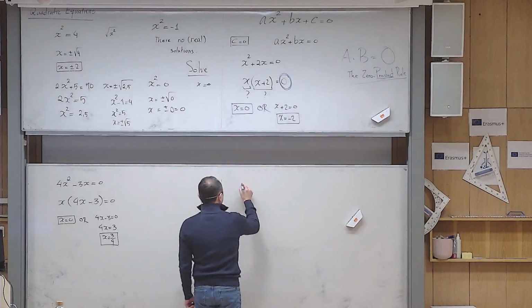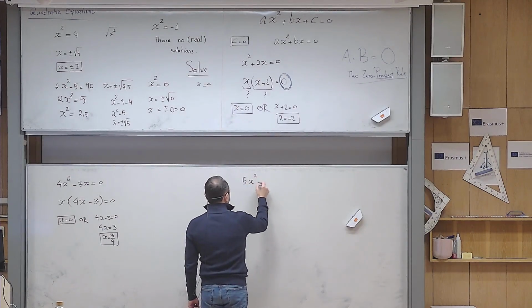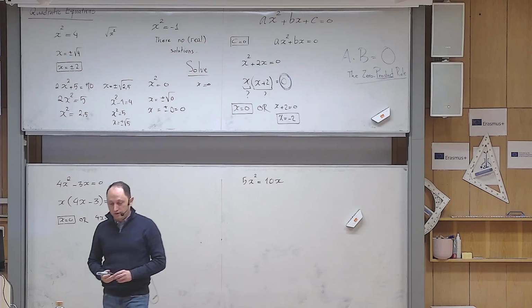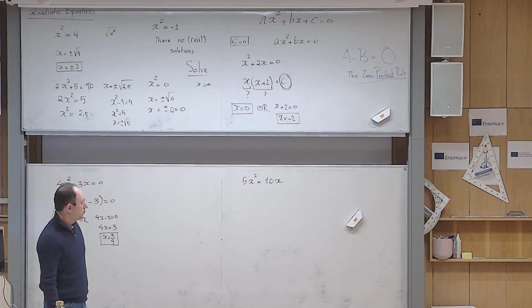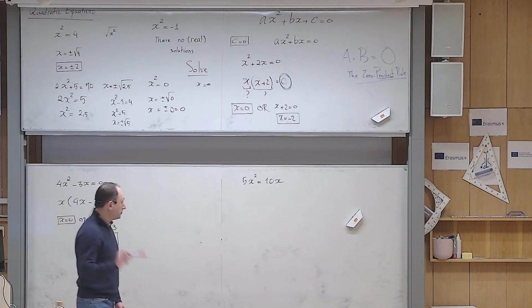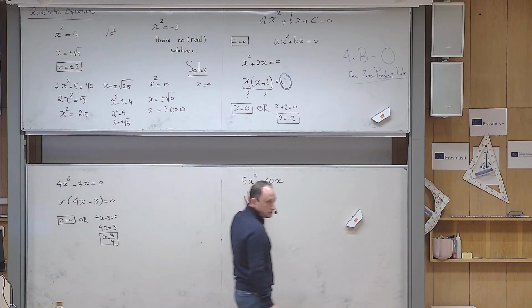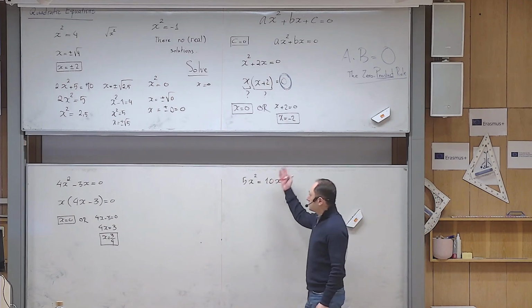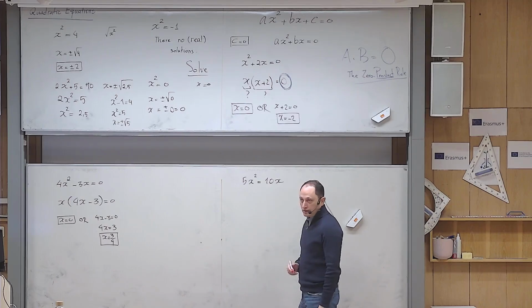For example, what happens if I have 5x squared is equal to 10x? This is a little bit dangerous because what you usually do is to divide by x. Okay, I want to write it with the red color so that you can understand the difference. If I want to solve this, one solution is some students divide by 5x.